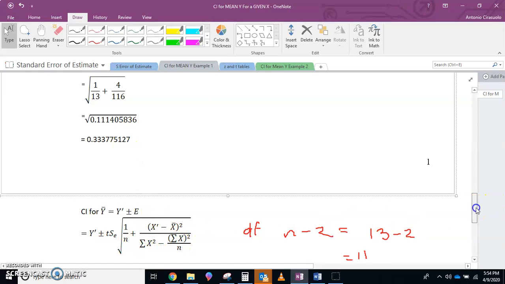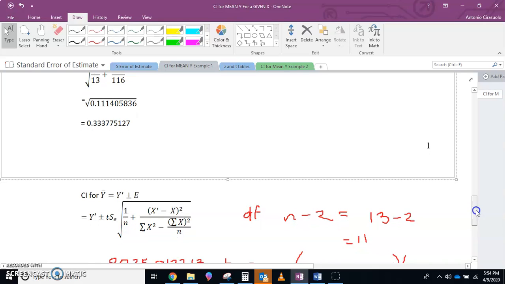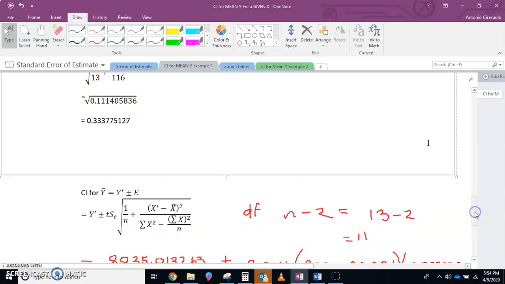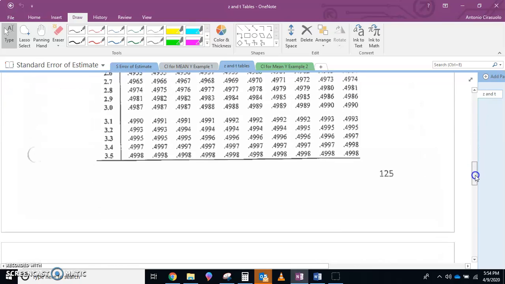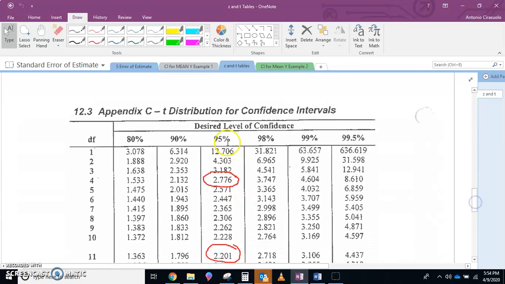Okay, so putting this together, we would go to our t-table with degrees of freedom n minus 2. So 11 is the degrees of freedom, confidence level 95%. And when we look at our t-table, 95%, degrees of freedom 11, 2.201.